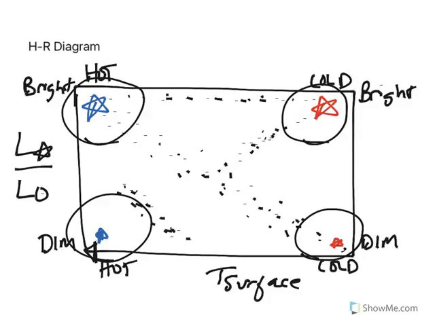So stars that appear up here are going to be reddish colored stars and bright, and those that appear down in the bottom right would appear red, but they'll be dim, and those that are in the bottom left are going to be dim but hot, and those that are in the upper left are going to be bright stars and hot stars. This is your general HR diagram.